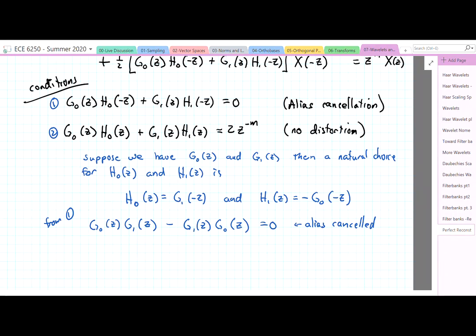So once we've done that, then all we have to do is design the G's so that we have the no distortion requirement met.